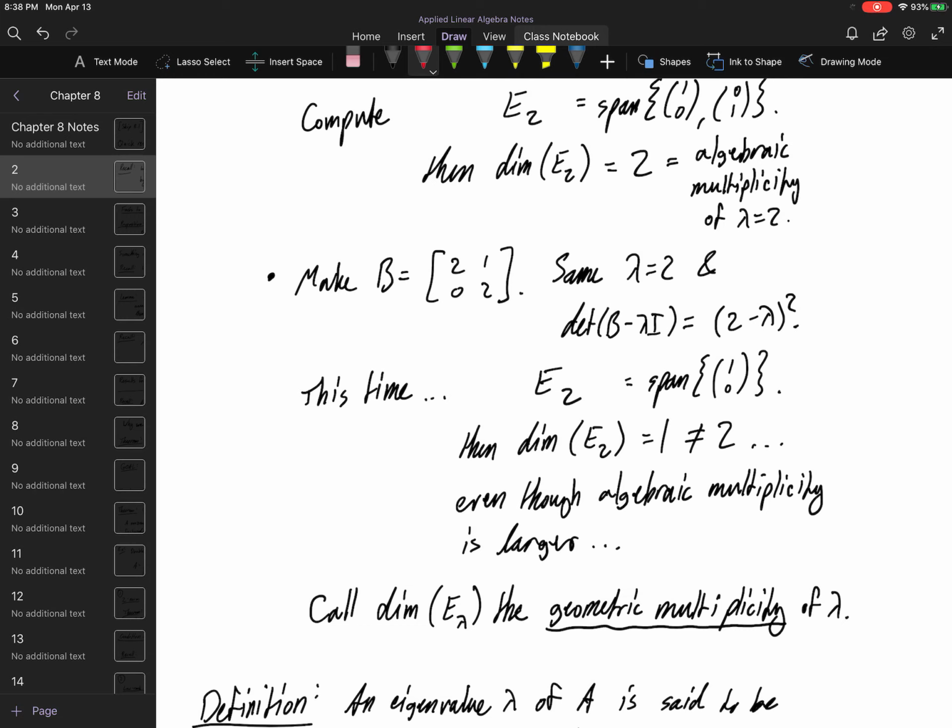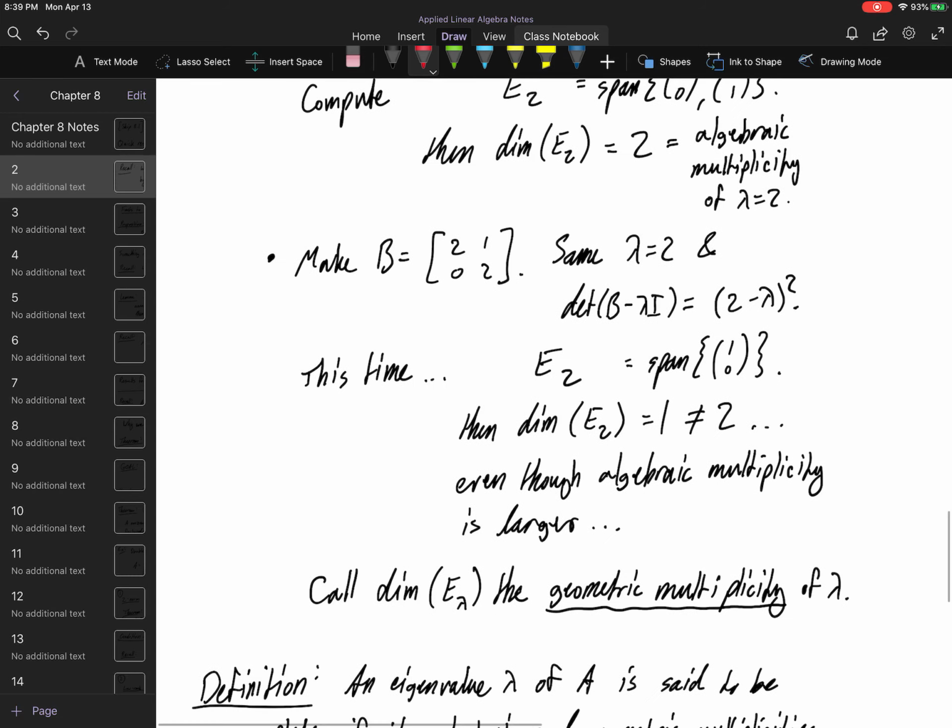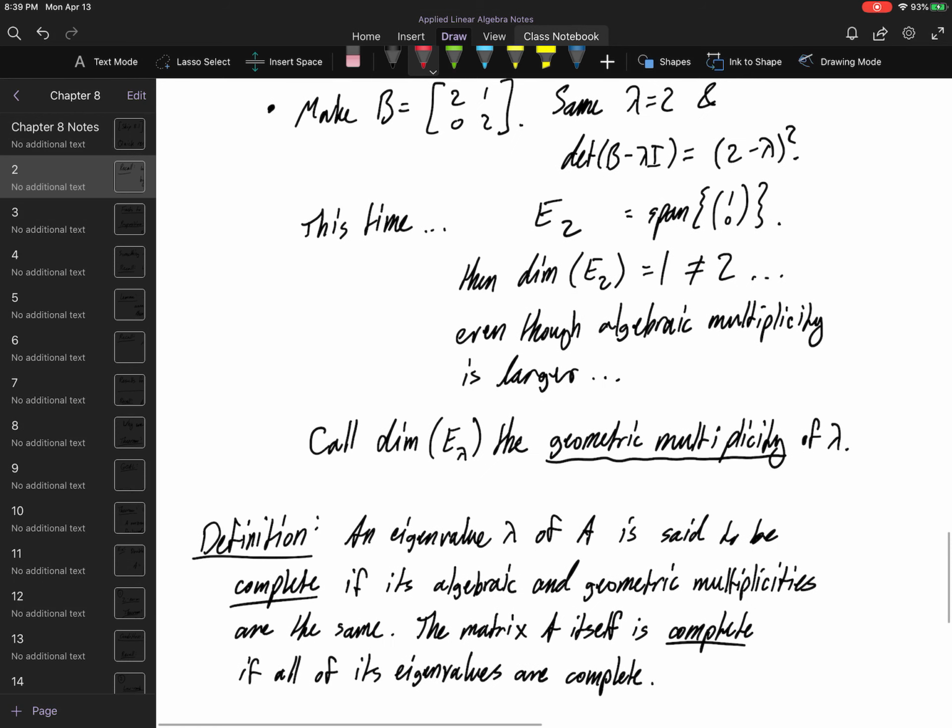So that means that we have an eigenvalue with an eigenspace whose dimension is less than what the algebraic multiplicity from the characteristic polynomial says it should be. This number, the dimension of the eigenspace, is what we're going to call the geometric multiplicity. And this is what we see in the vector space as the directions that can be scaled by multiplication by the matrix, as if it was just a scalar multiplication.